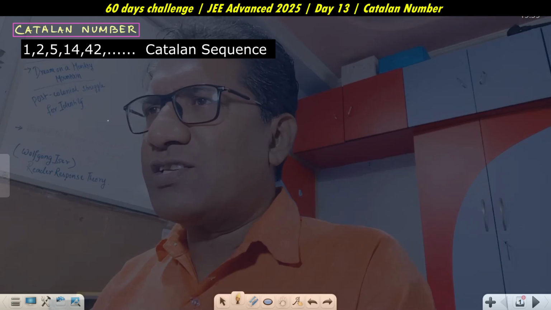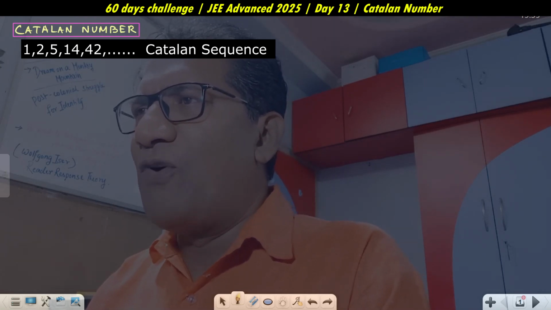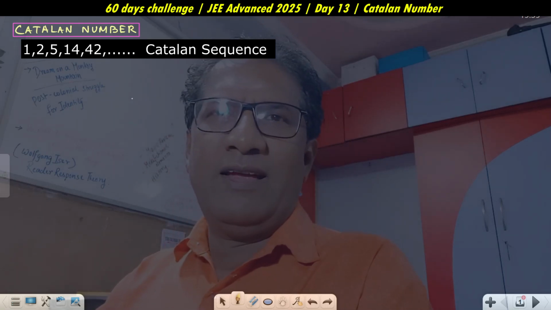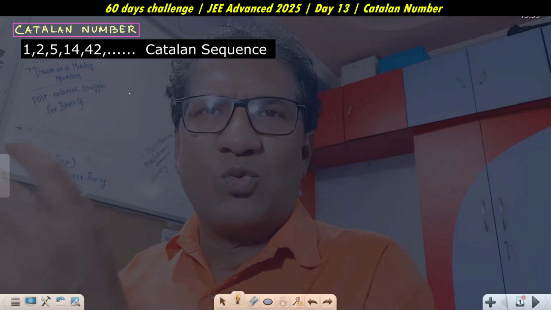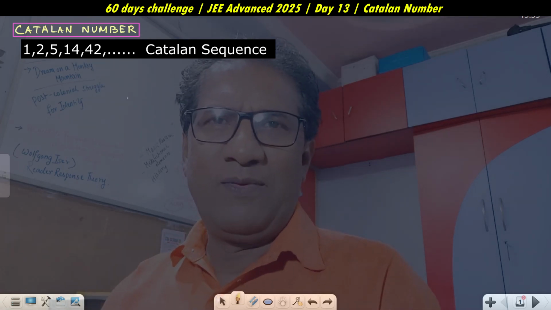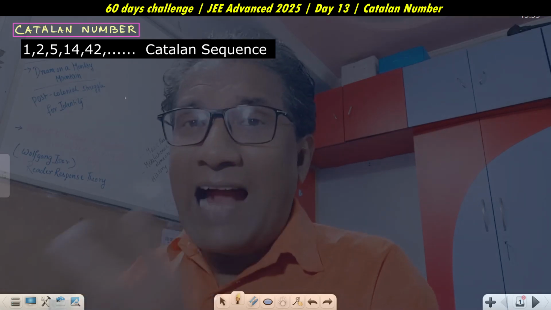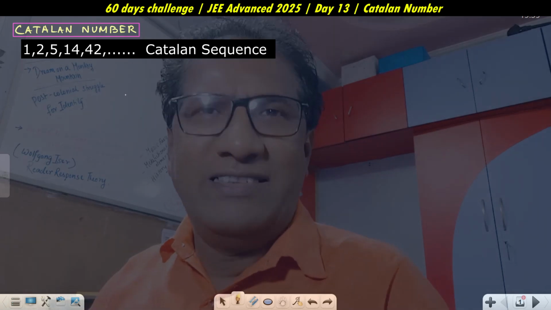This sequence, which is 1, 2, 5, 14, 42, is what is called your Catalan sequence. Now, how this sequence is coming is very important to understand.